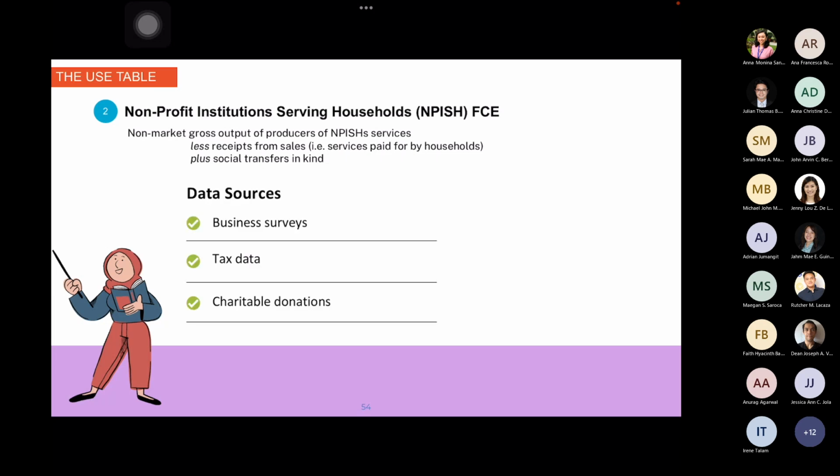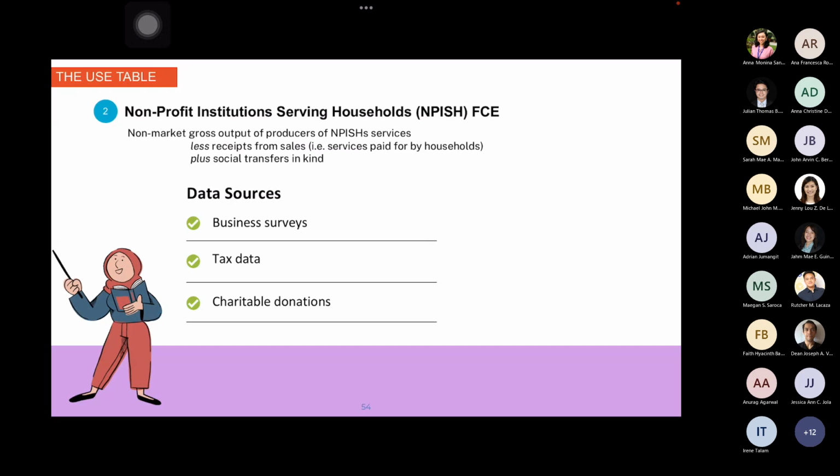Under NPISH, we have the following data sources. So we have the business surveys, which can allow the measurement of NPISH output by industry and by product. And we can also make use of tax data.